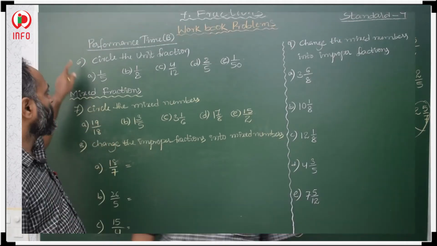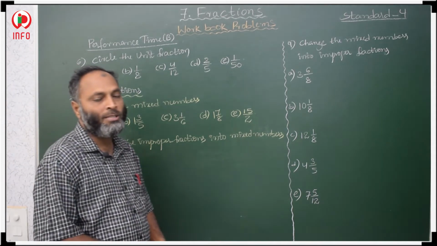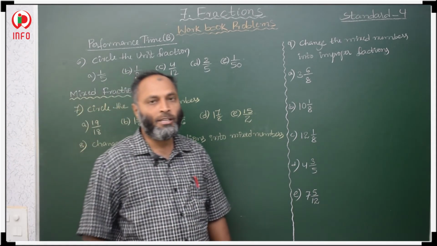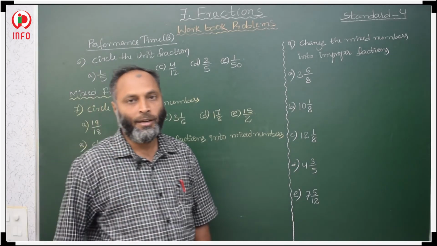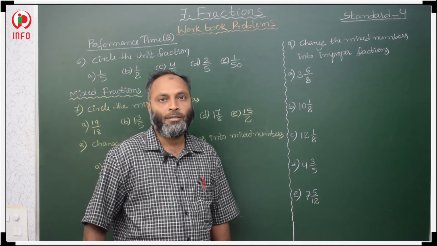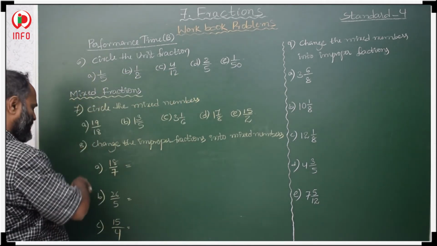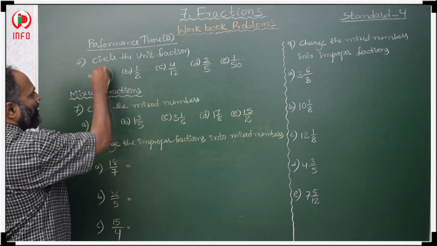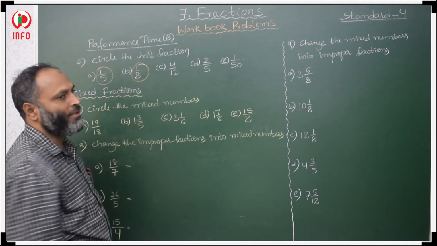In Performance Time B, the sixth question: circle the unit fraction. What is meant by unit fraction? If the numerator of a fraction is 1, then that is a unit fraction. Here the numerator is 1, so this one is a unit fraction. Here the numerator is 1, so this is a unit fraction.